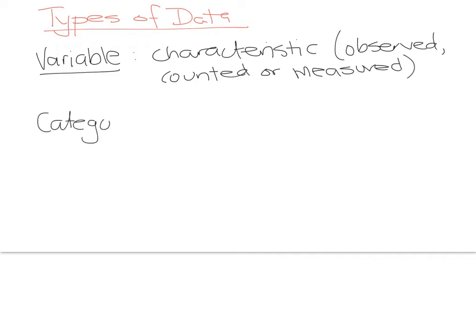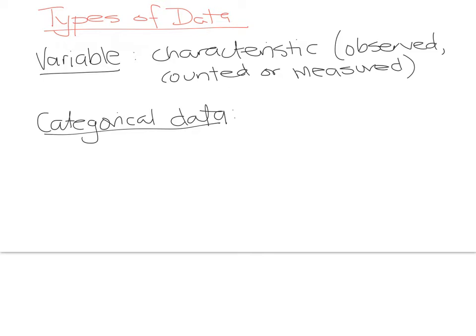Categorical data. So categorical data is information about variables that can be grouped into categories. Categorical data can be further classified as nominal, which means that there's no order or relationship, or it can be classified as ordinal, which means it has an order, first, second, third, that kind of deal.